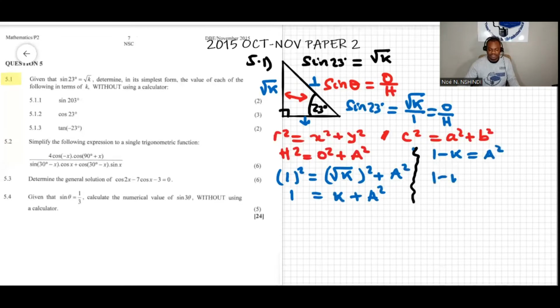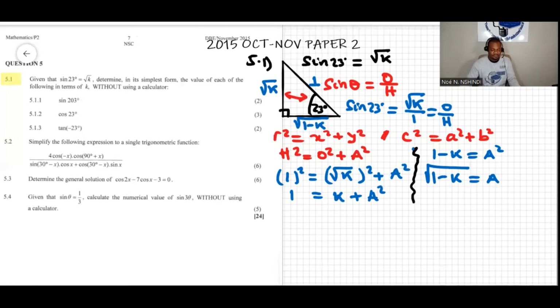So a will be the square root of 1 minus k. Now that we know all the sides of the triangle, we can start answering the questions.